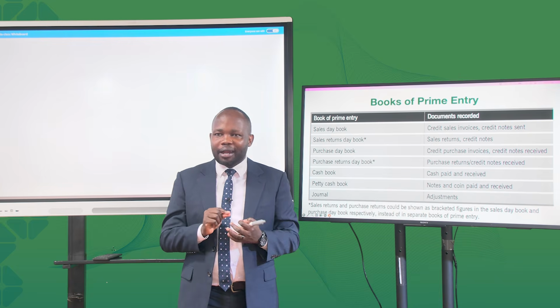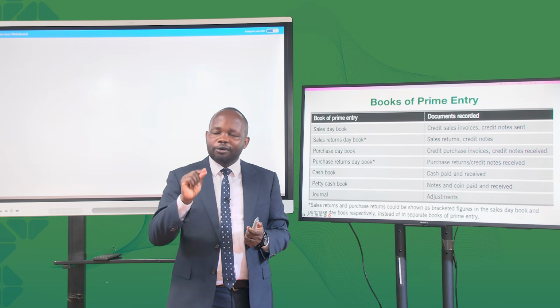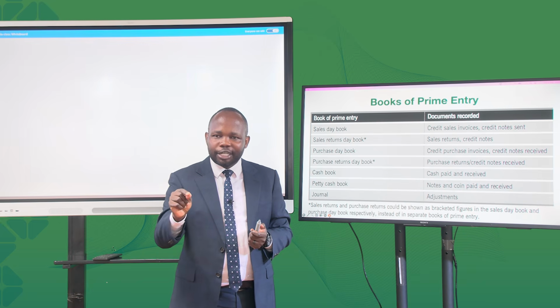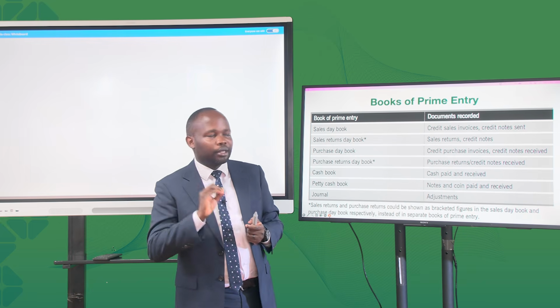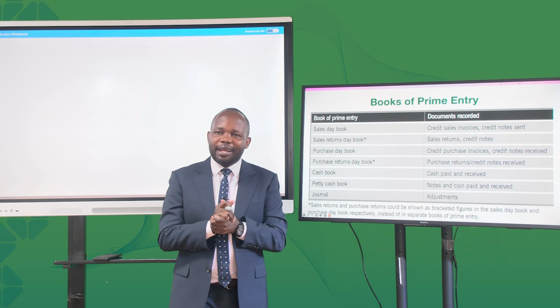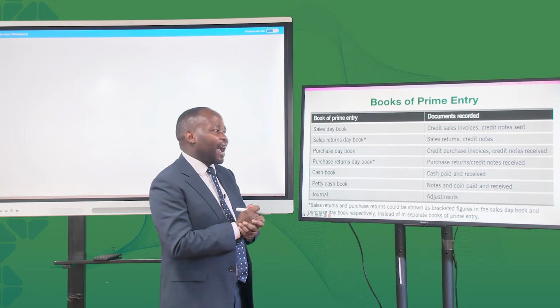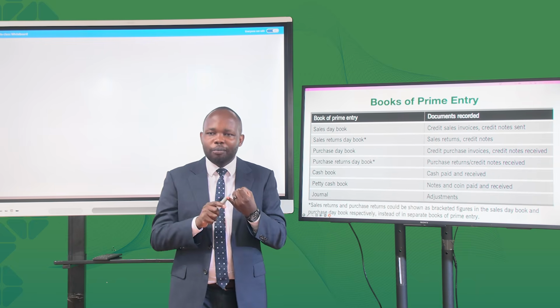Examples of books of prime entry. Books of prime entry are also called books of original entry. Sometimes they are called day books. So there are 7 books of original or prime entry we are going to look at. Number 1, what is called a sales day book.